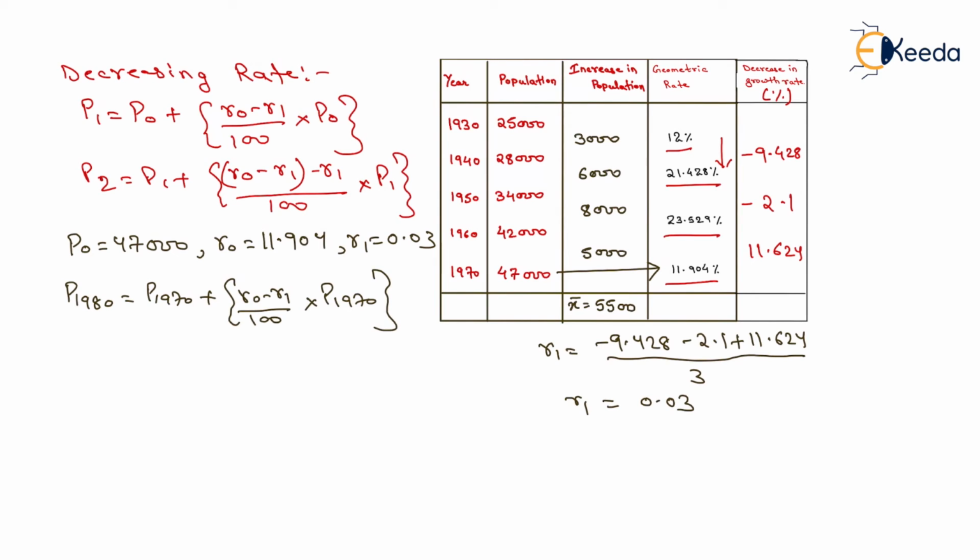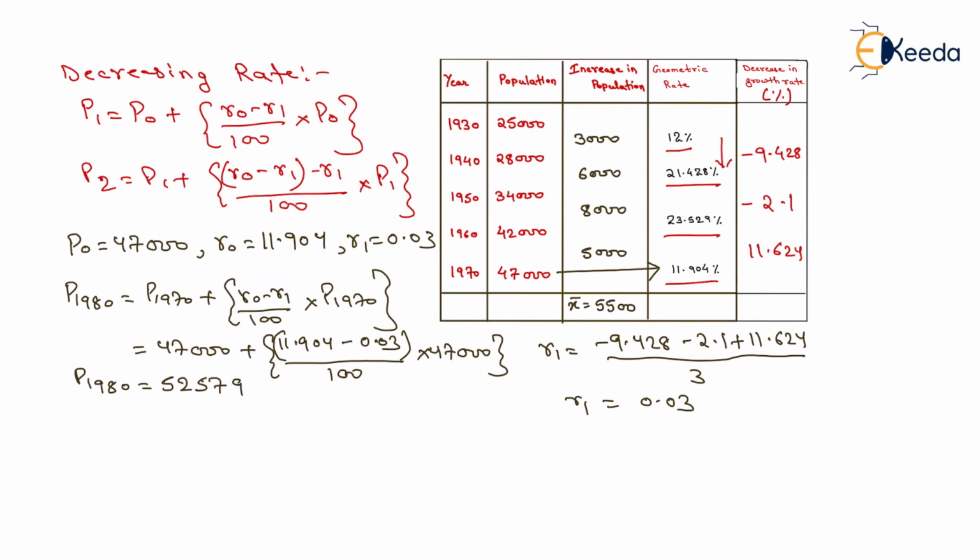We put the values: 47,000, and the R naught value 11.904 minus 0.03 upon 100, into the last known population of 1970, that is 47,000, and we will calculate the population of 1980. It comes out as 52579.